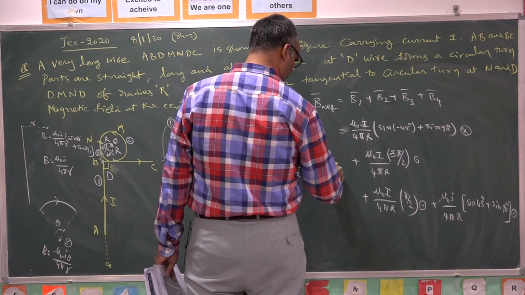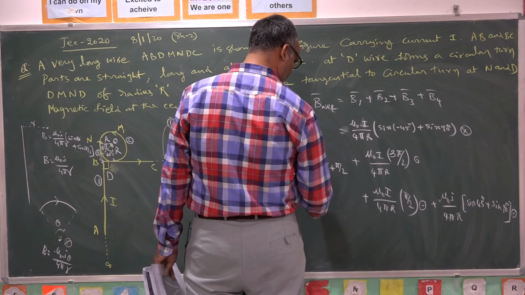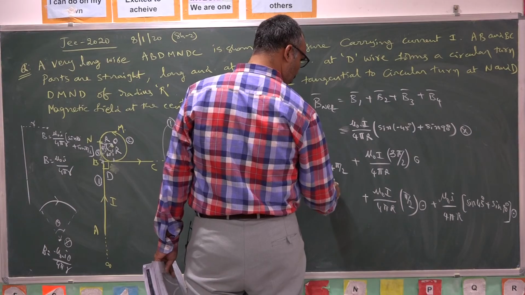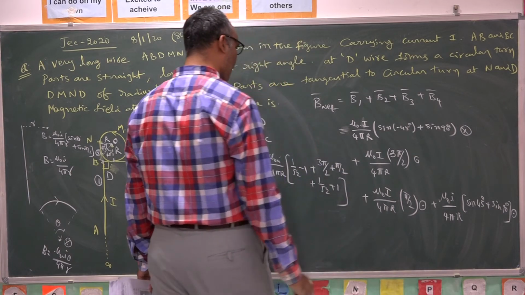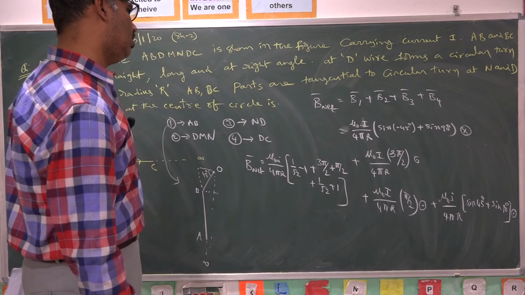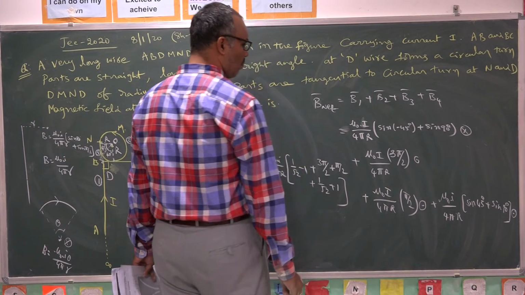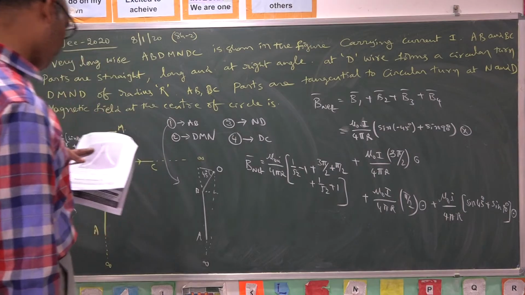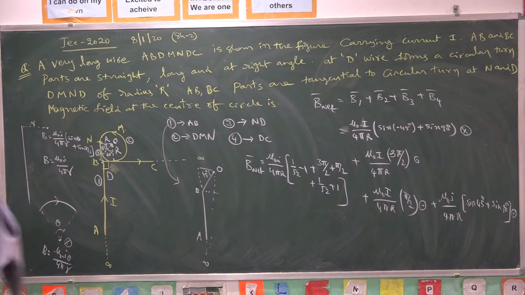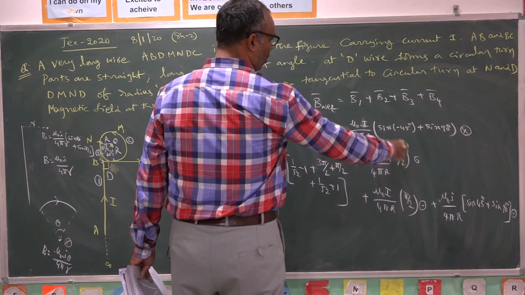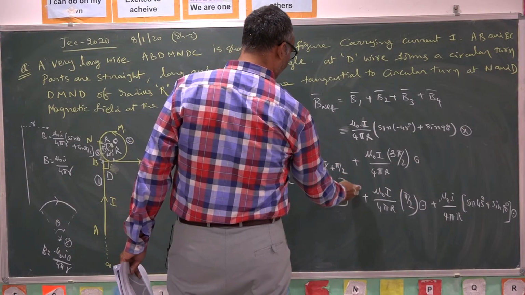This is pi by 2 plus 1 by root 2 plus 1. Net field is, these three terms are out of the paper, this is only into the paper. Finally, net field is out of the paper.